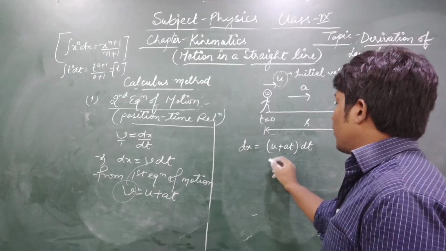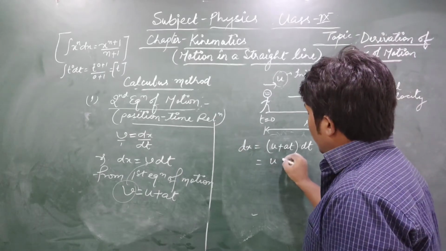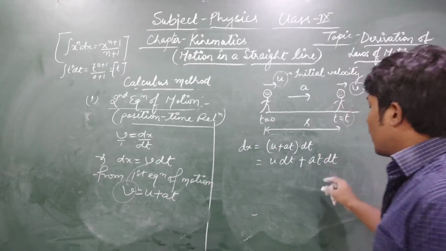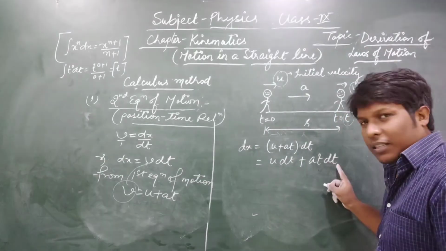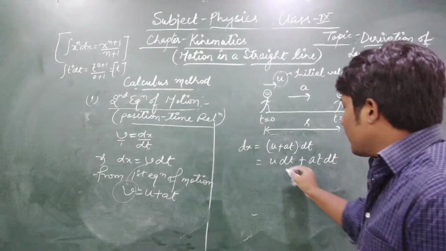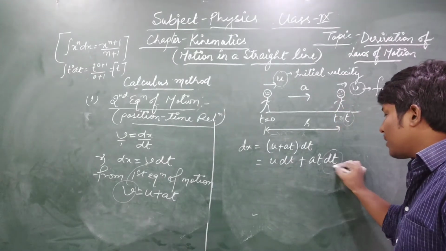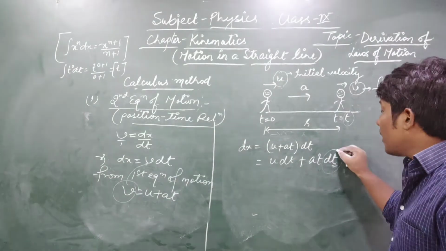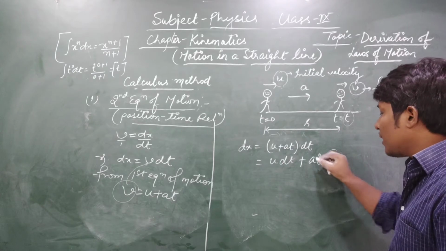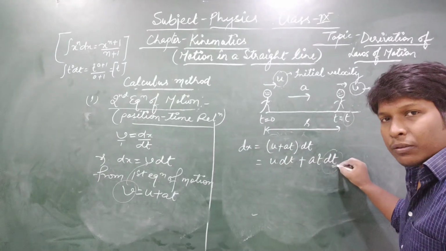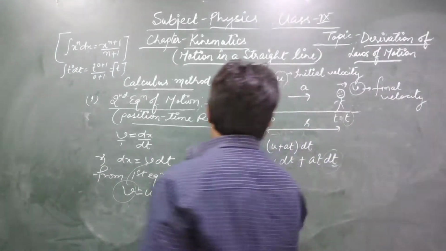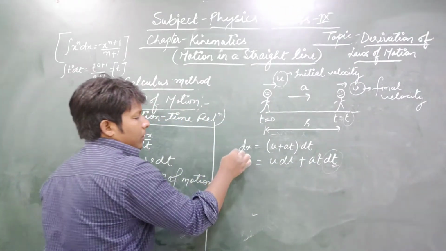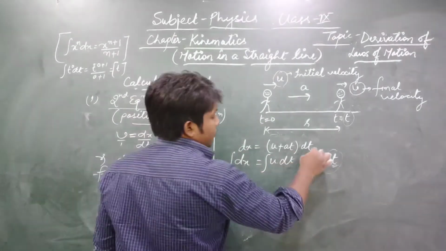Okay, so just multiply, open the brackets, we will get u dt plus a t dt. Okay guys, don't multiply this t into this dt. This shows that this is the integral term, and this whole term is integrating with respect to the time. So here is dx. Now integrate all the terms.